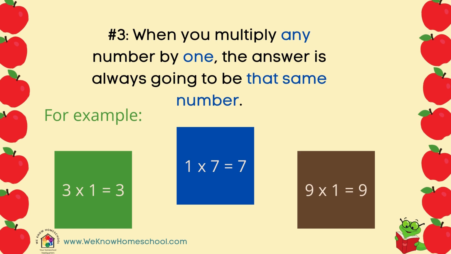This means that you don't have to memorize anything multiplied by 1 because you already know the answer is that same number. For example, 3 multiplied by 1 is 3. 1 multiplied by 7 is 7. And 9 multiplied by 1 is 9.